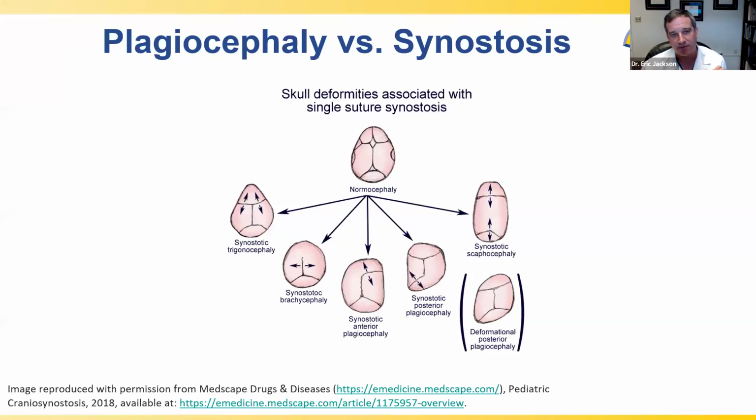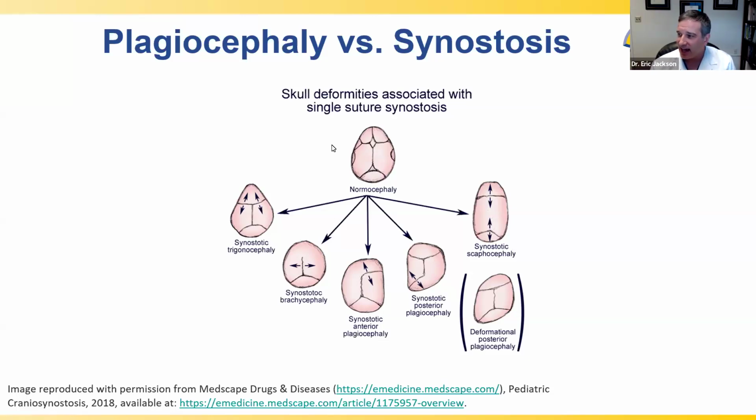I think one of the most important things and the most common referral we get is actually plagiocephaly, which is positional. And that's very important to separate from synostosis. I think the reason why we get so many referrals for it is because pediatricians don't want to miss synostosis. And so they get referred to us to try to separate the two.